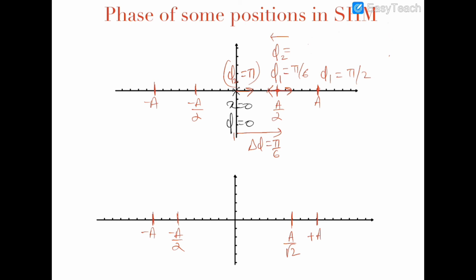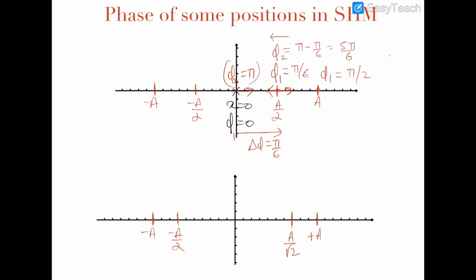So returning back towards origin and on a by 2, the phase is pi minus pi by 6, which is 5 pi by 6. Okay, so this is the phase of point a by 2 while returning back. Now the particle has arrived on this mean position and the phase has become pi.